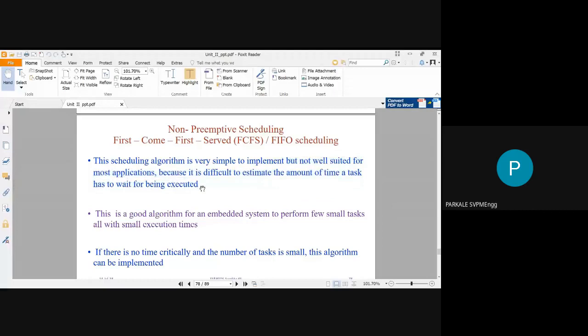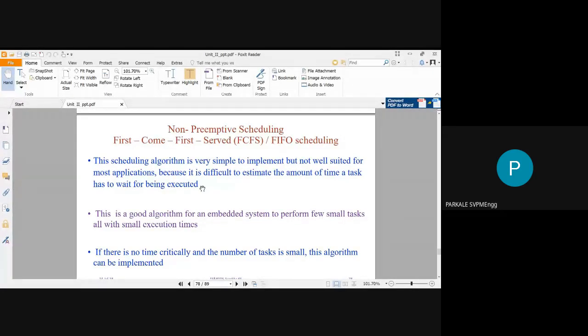Because we have four tasks, let's say P1, P2, P3, and P4. Let the first task come to the CPU, and the CPU is busy executing the first task. In this case, how much time is required before the last task, for example P4 or T4, is executed?